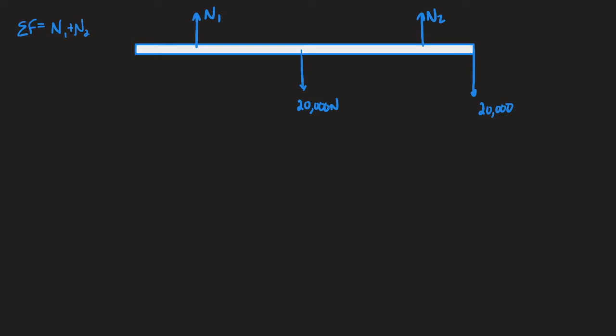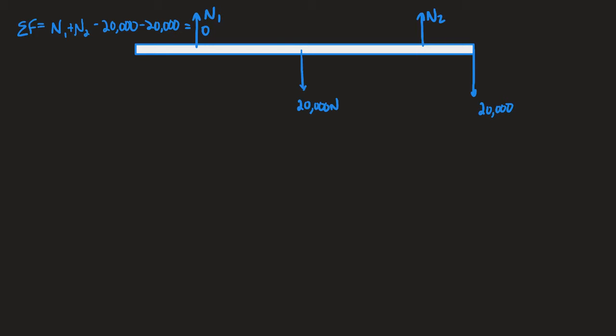And what I'm about to say, I think, is kind of important. You write it down. The sum of the 2 normal forces has to equal 40,000. How that's distributed is all the way based on where the truck is.